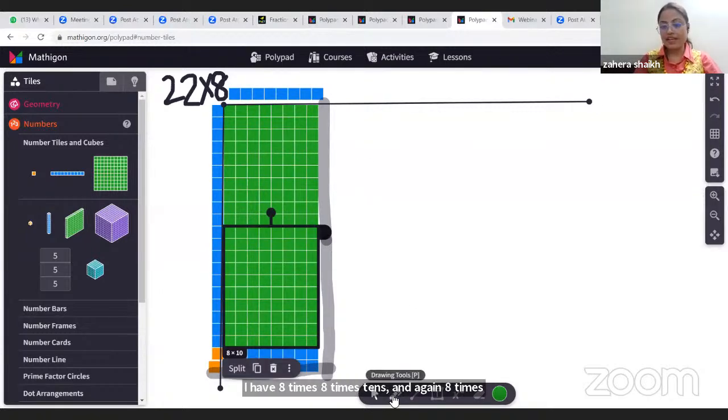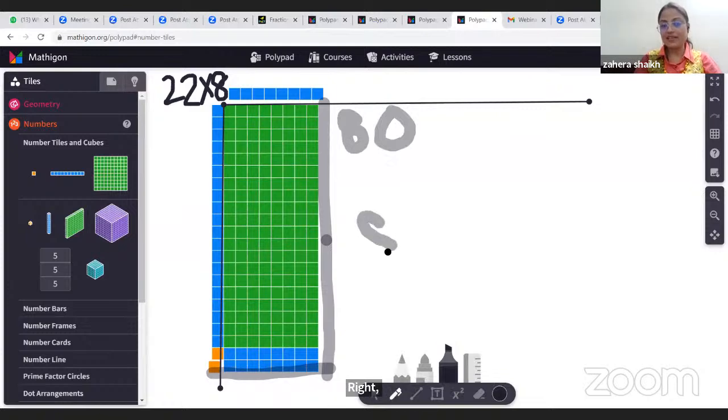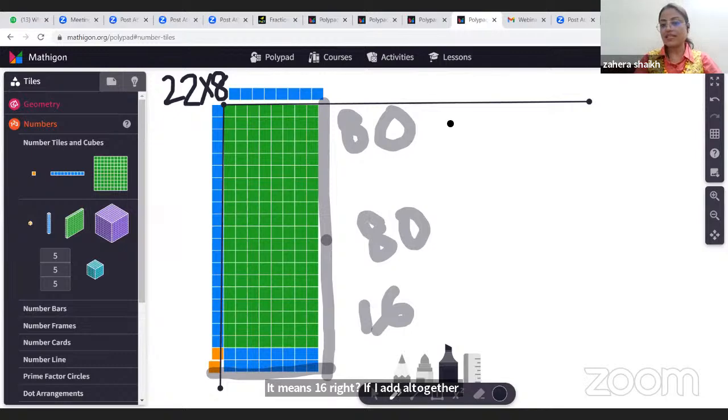So here it is 80, and again here I have 80. And then at the bottom I can see 2 times 8, it means 16. If I add all together, 80, 80, 160, 160 and 16, all together I have 176.